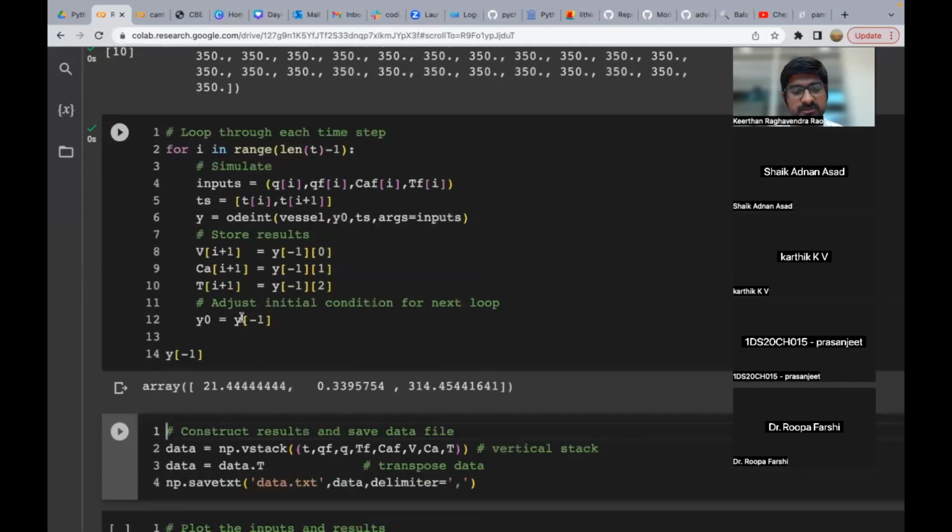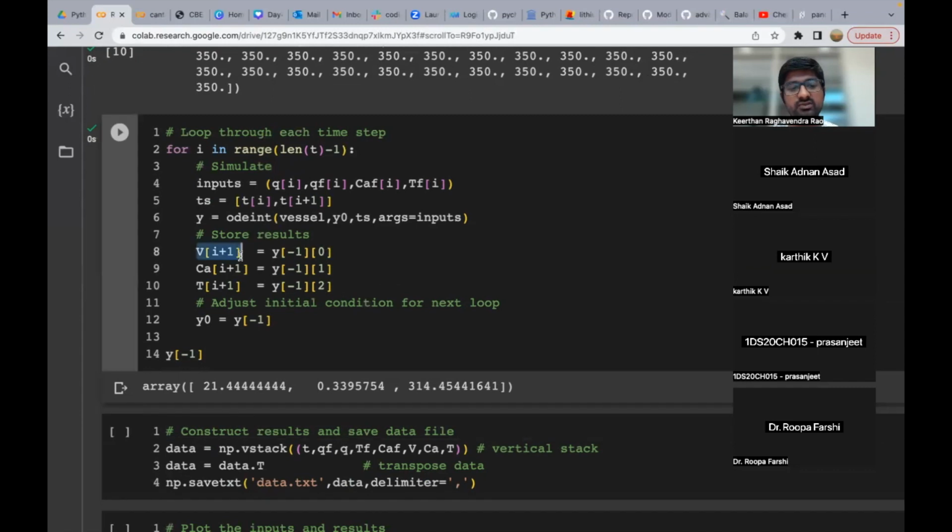So this solution is stored in a list, or an array, called y, and we only want the final entry in this array, which is for a time of t of i+1. So this will be stored. The first element, 0, is the volume, so volume will be stored there. Second element is the concentration, so that will be stored there.